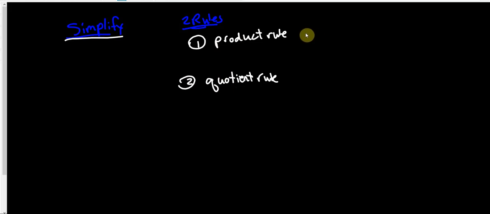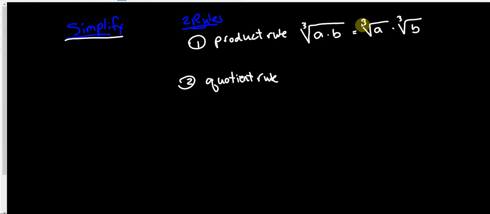The product rule says that if I have any type of root, say it's a 3rd root, and I have 2 things, let's call them A times B, I can break them apart into their own radical expressions. Notice it has to be the same root.